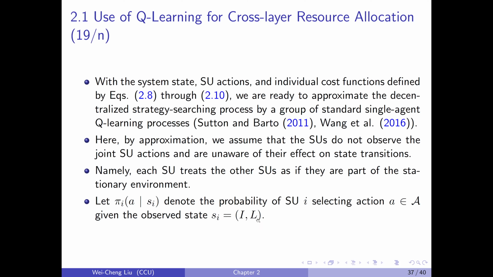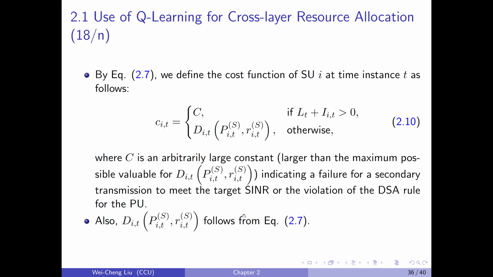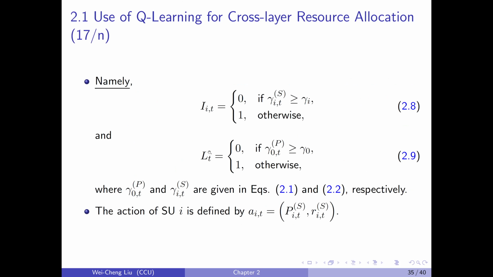Okay, what is (I, L)? Also, we do not define symbols I and L in the previous slides, but I think you should be able to guess what they are. Okay, I and L are defined in equations 2.8 and 2.9 with the subscripts omitted.